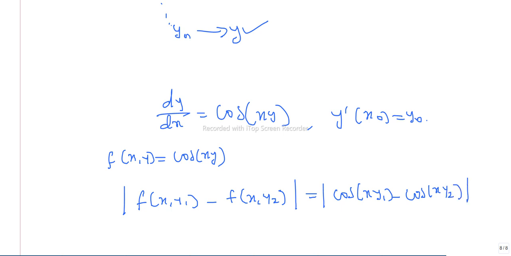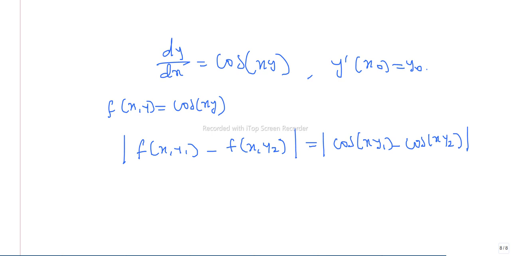We know that cos is a uniformly continuous function, therefore this is at most |xy1 - xy2|, because |cos x - cos y| is less than or equal to |x - y|. Taking |x| outside, we get |x| times |y1 - y2|. I said already they define it only on an interval.